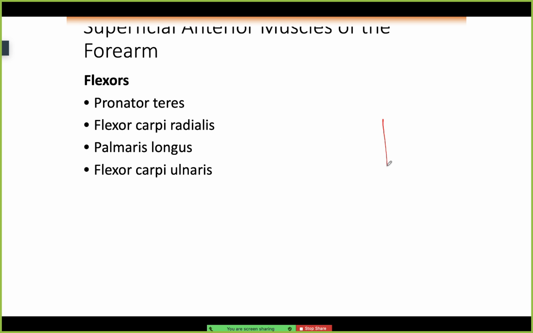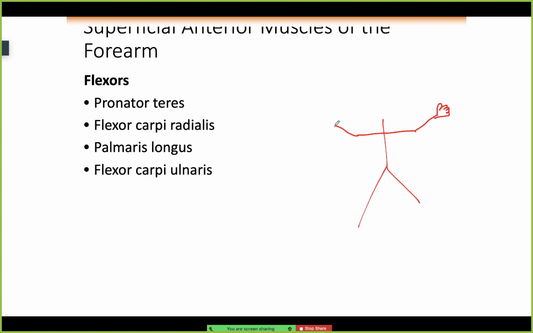So here's my stick figure, and here's his arm, and let's say this is his forearm. Okay, so that's the elbow here, and that's the elbow there. And then here is his thumb with fingers.